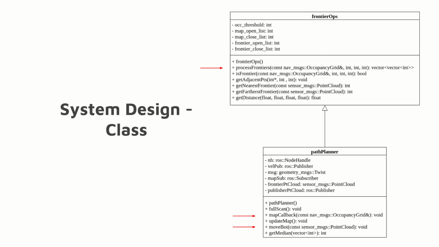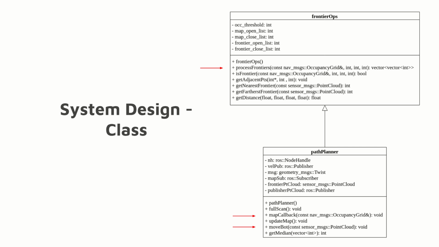A very important aspect of the project is the system design for the class. We have a base class, Frontier Ops, and a derived class, Path Planner. Frontier Ops takes care of all operations related to the frontiers, and Path Planner takes care of getting the input of the map every so often and moving the robot to a particular goal that was provided by the Frontier Ops class.